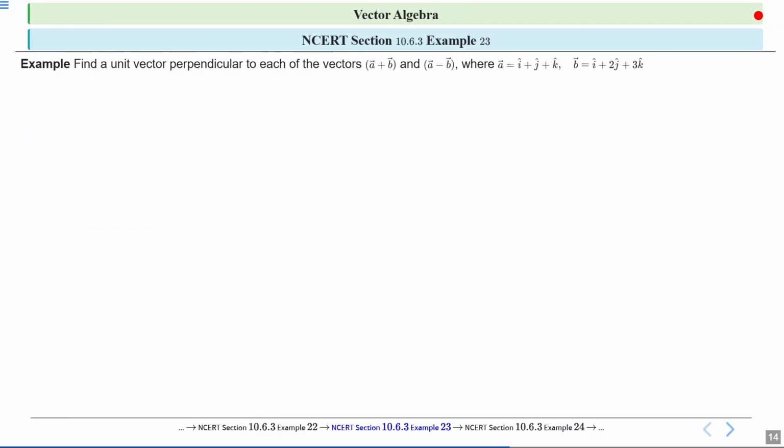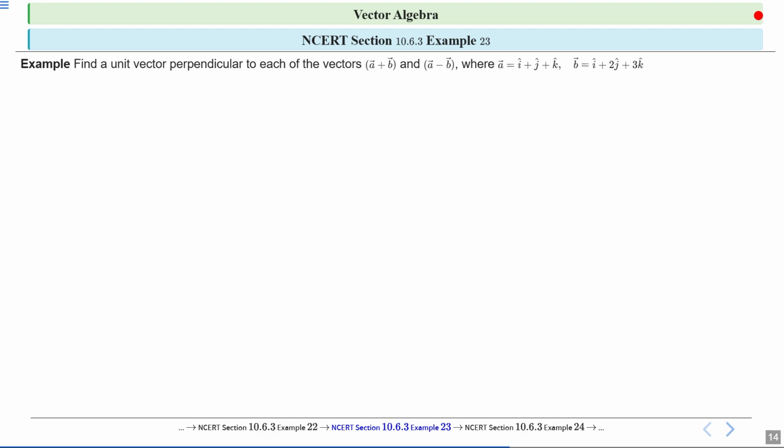Next is NCERT section 10.6.3 example 23. So look at these examples from the vector. We are asked to find a unit vector that is perpendicular to both the vectors A vector plus B vector and A vector minus B vector. Here A vector is i cap plus j cap plus k cap, and B vector is equal to i cap plus 2 j cap plus 3 k cap, right?